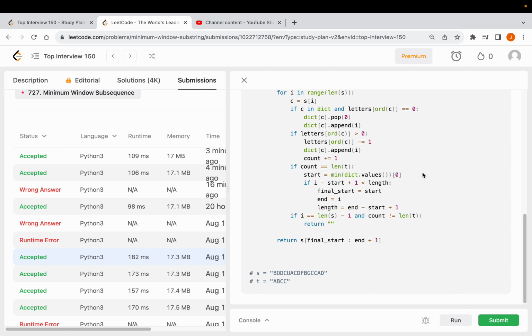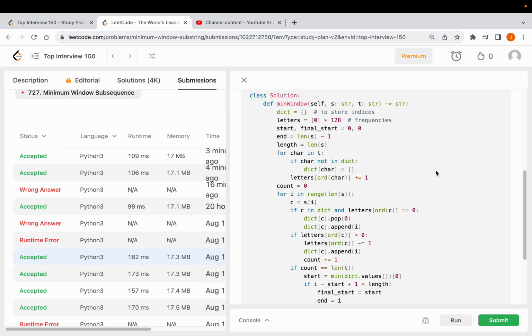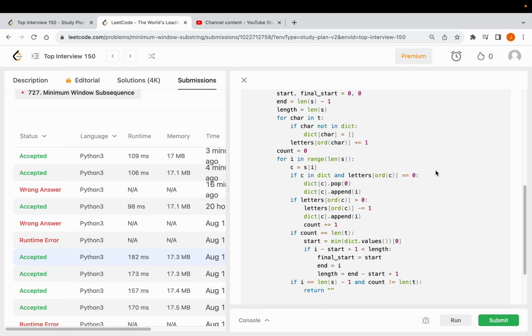So let's just go over the explanation for the optimal solution instead. We skipped my solution, but here's what it is if you are interested.